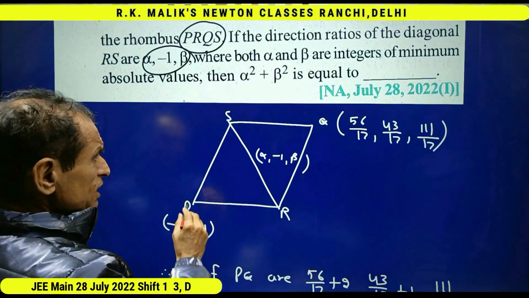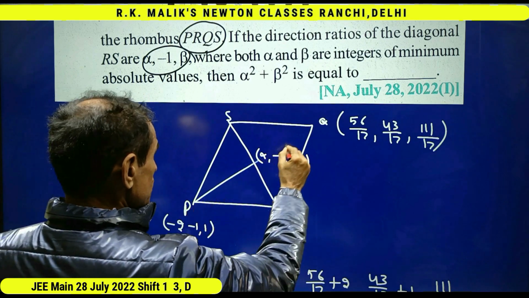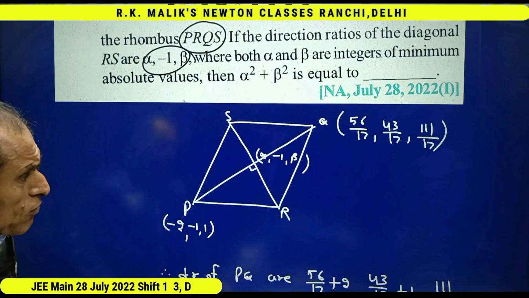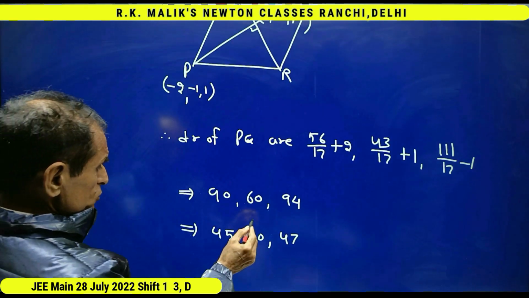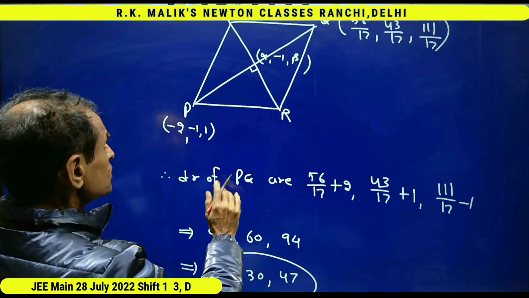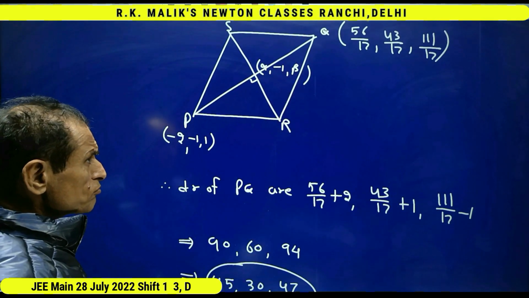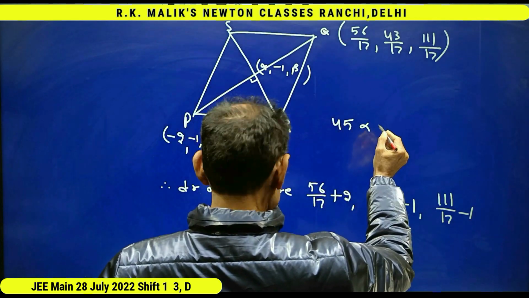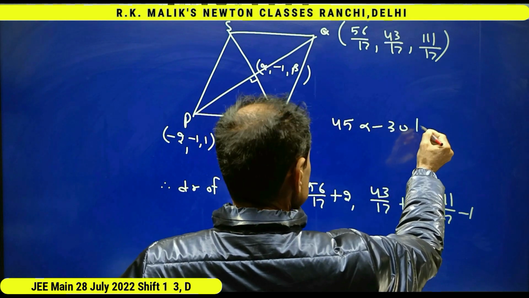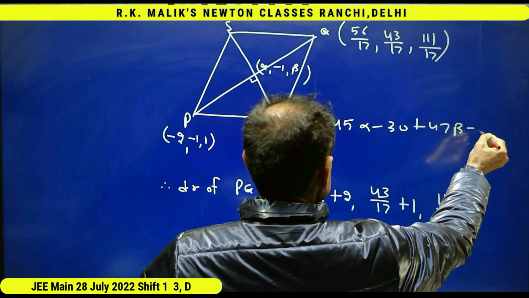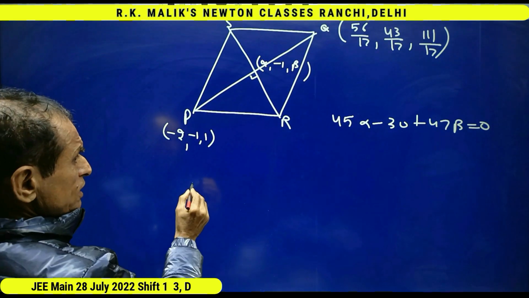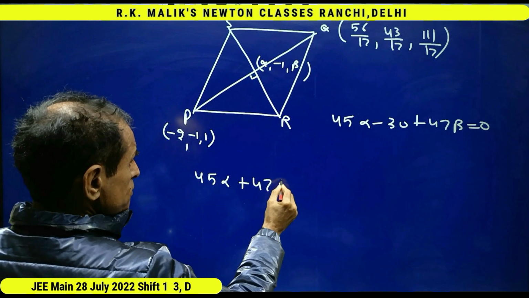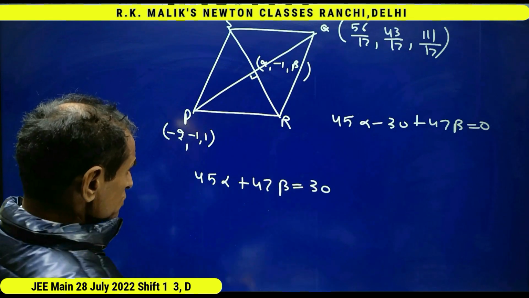And because it is given that the figure is a rhombus, and in a rhombus the diagonals are always perpendicular to each other, using these direction ratios and these direction ratios, we can easily say that 45 alpha minus 30 plus 47 beta equal to 0. That is, I get 45 alpha plus 47 beta equal to 30.